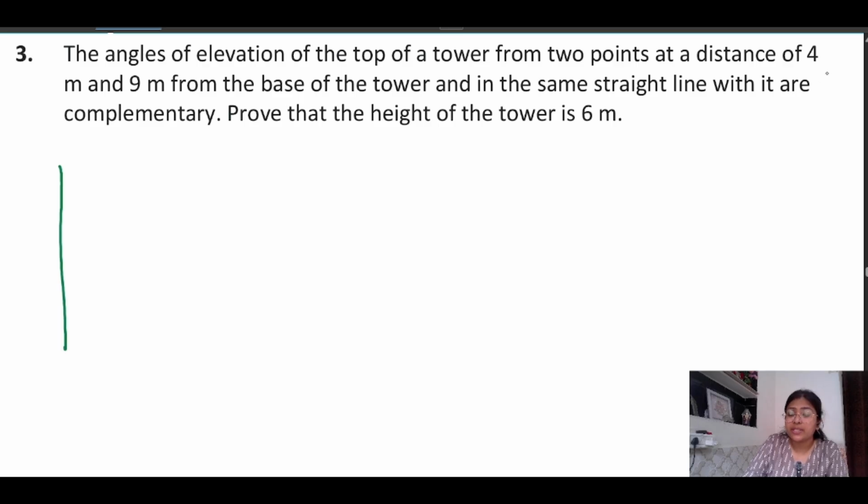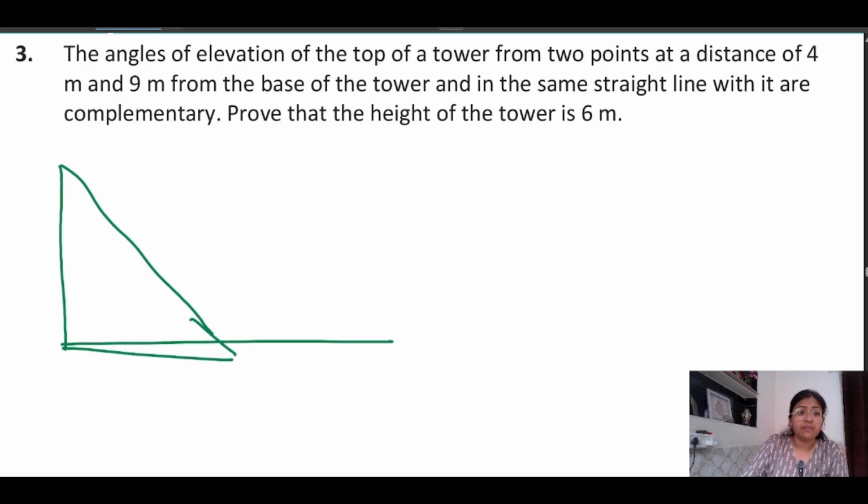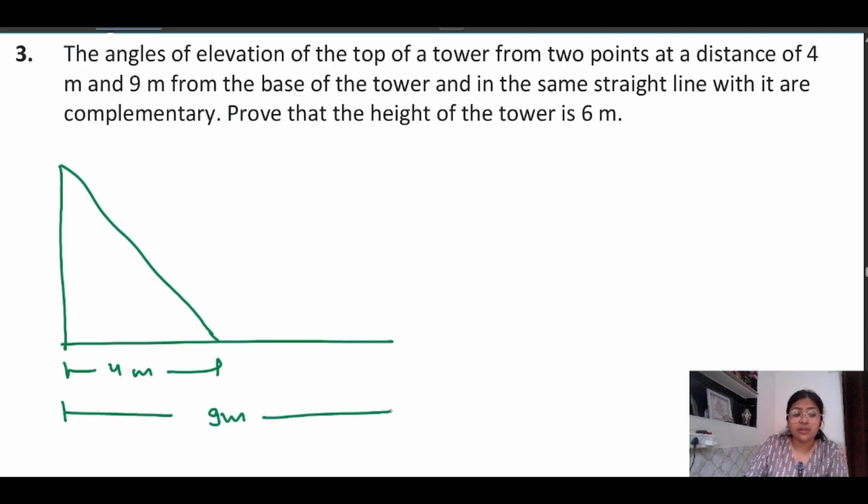The first point is at a distance of 4 meter from the foot, and the second point is at a distance of 9 meter from the base, in the same straight line with it.